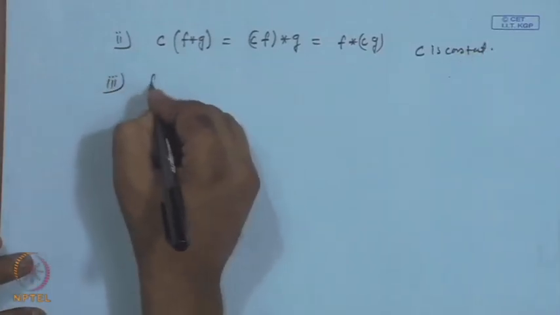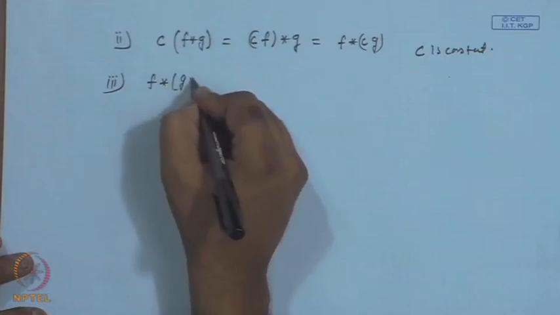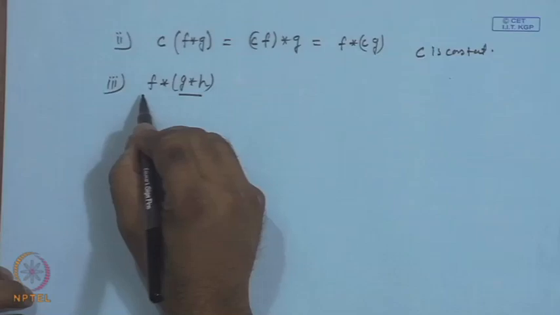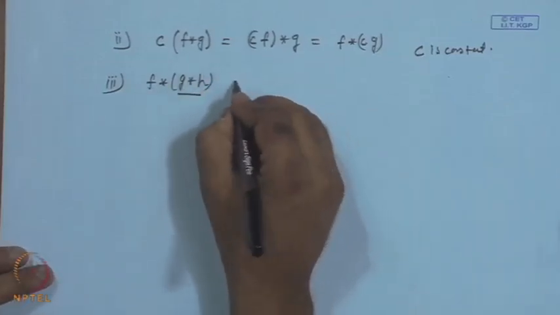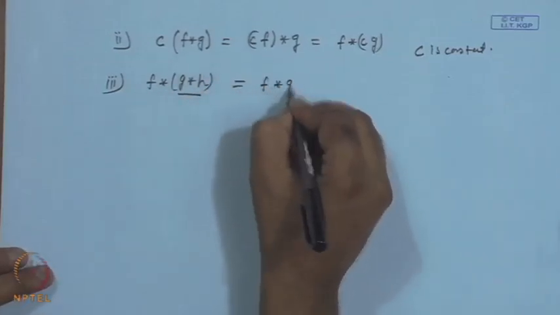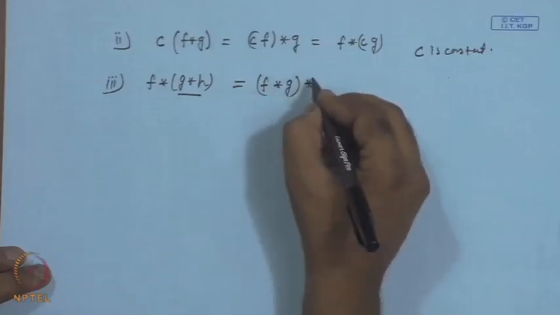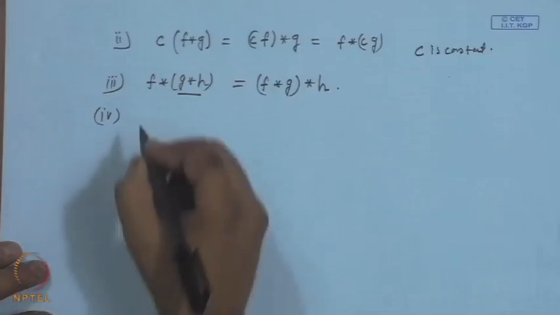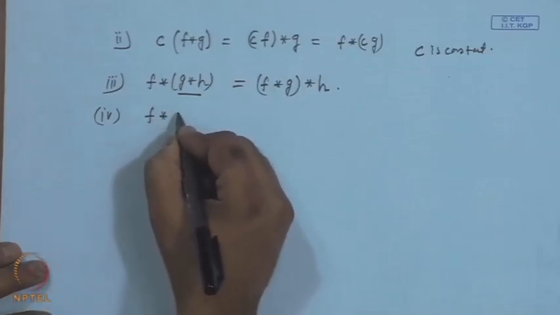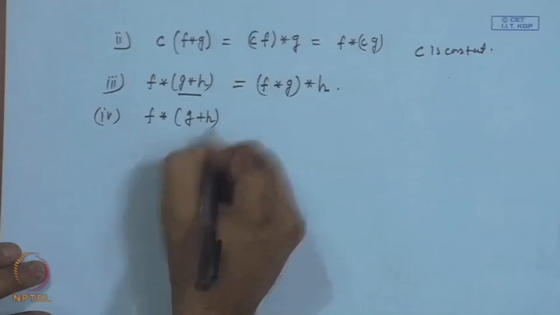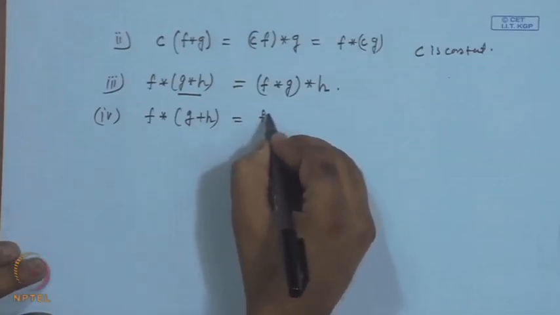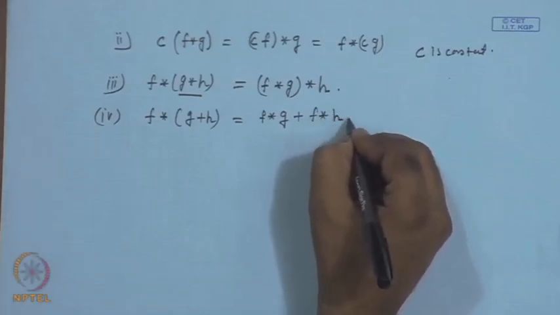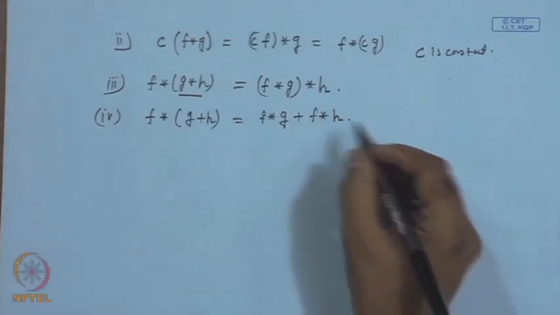Or if we have f convolution with g star h, it is the associative property. So, we can also have the convolution first with f and g and then the convolution with h. And finally, the distributive property, that f convolution with g plus h is equal to f convolution with g plus f convolution with h.